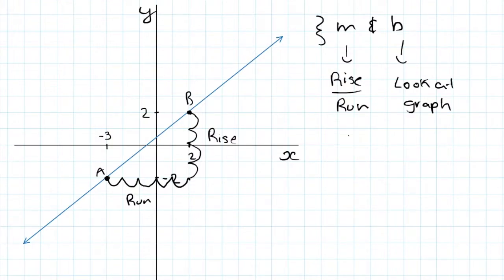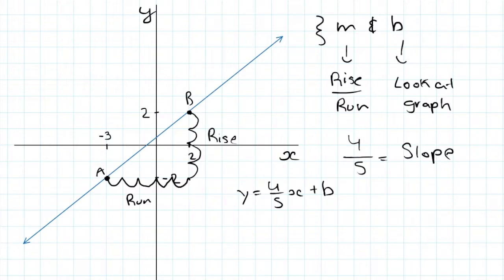We can simply say 4 over 5 is equal to the slope of this equation. So as of right now, our equation is y is equal to 4 over 5x plus b, right?